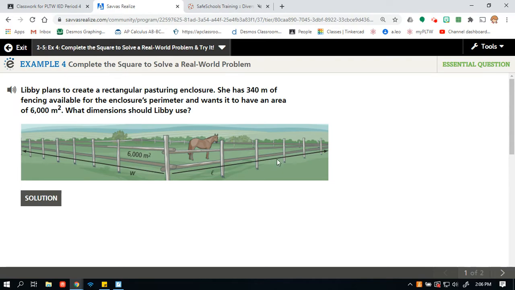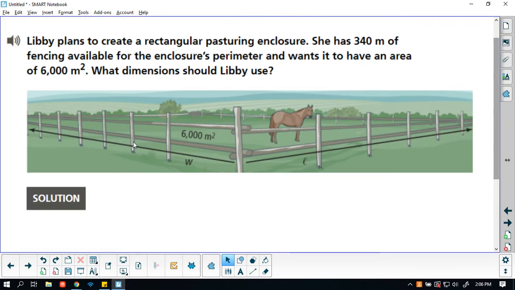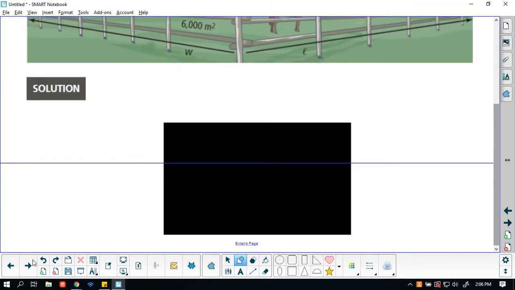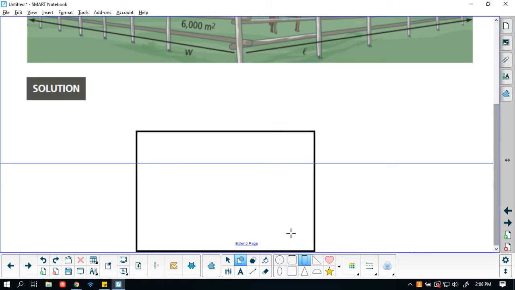All right, so let's think about this. She has some width times the length here.